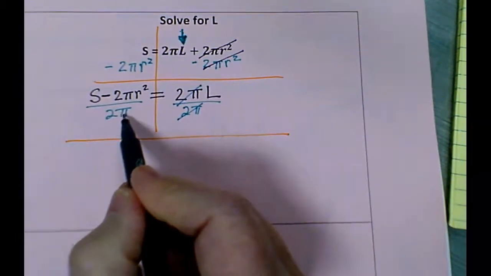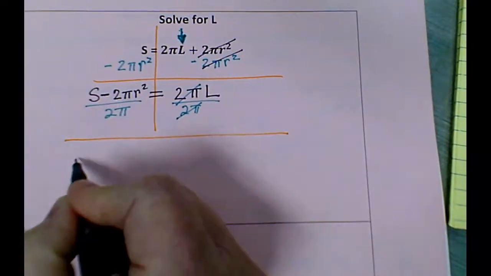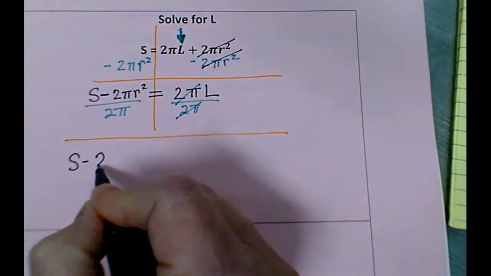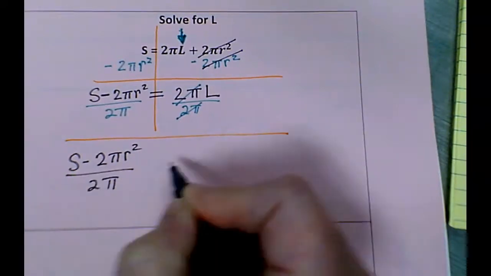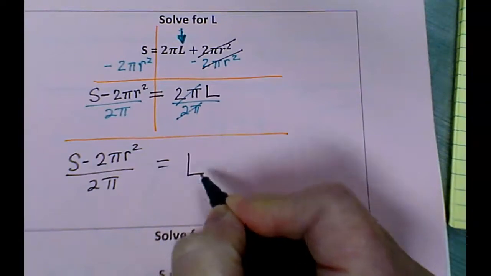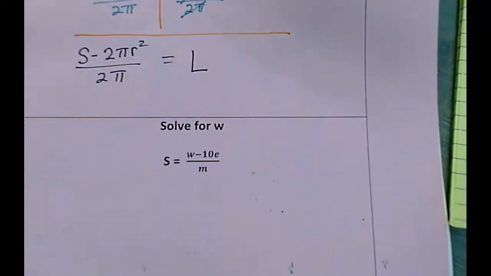But I can't cancel out a 2 pi unless all of the terms have a 2 pi. So this is going to be x minus 2 pi r squared divided by 2 pi, and that's what L is equal to. It's not a very pretty answer, but it is the answer.